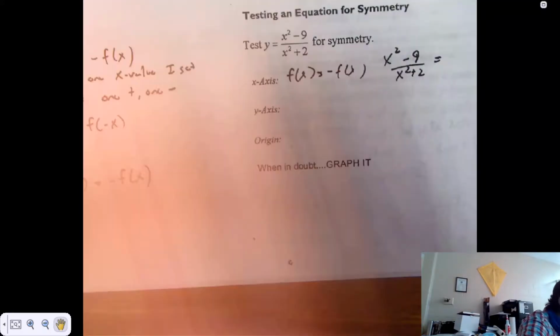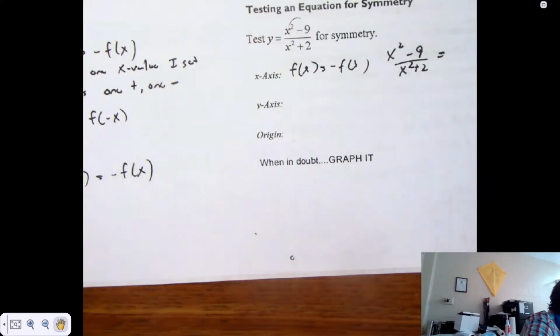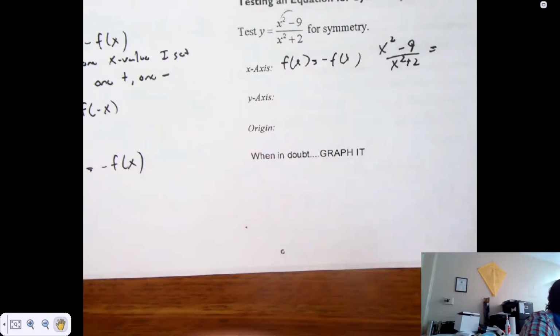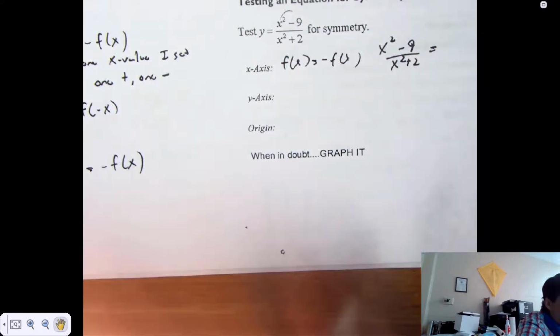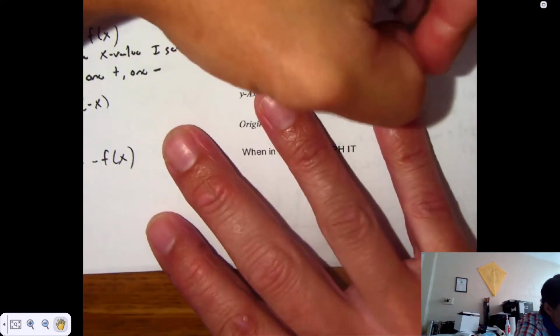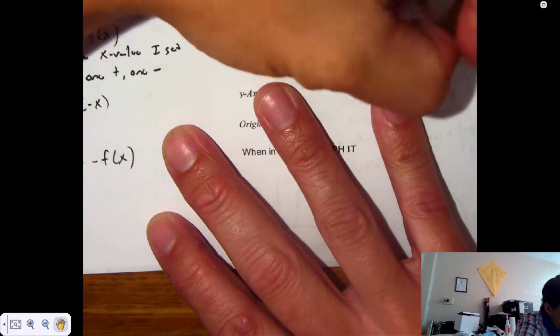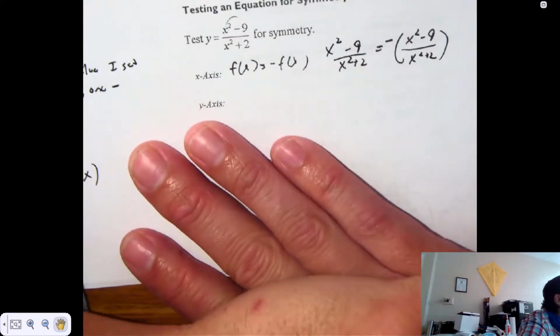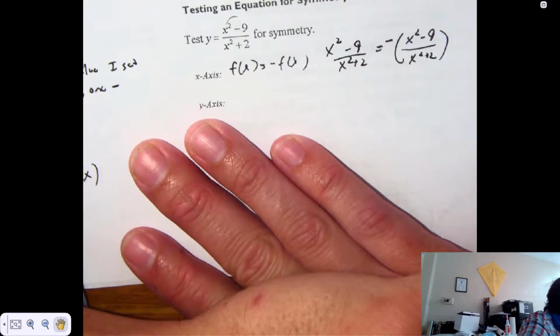What do you multiply this equation by? If f of x must equal negative f of x, what do you multiply this equation by? A negative. Now, when you multiply a number by a negative, what gets the negative?